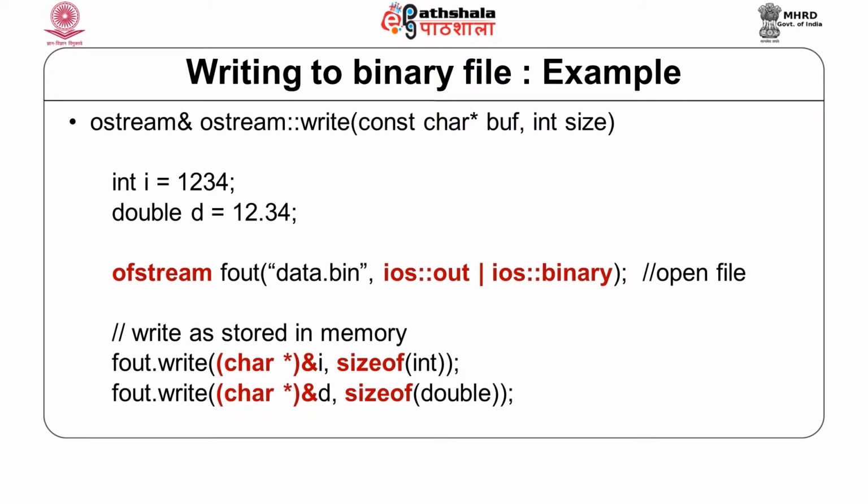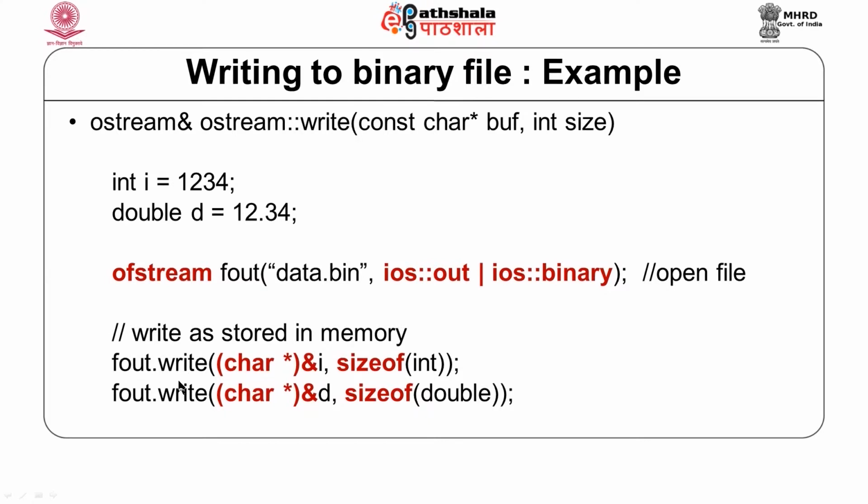So, let us see this example of writing one integer and one double variable. So, here the file is opened in ofstream, the name of the object is fout, the file is data.bin, and see this mode ios::out and binary. That means, the file is opened in binary for output purpose, for writing purpose. To write the value of integer i, that is 1234, in the file in binary, we need to use the write method.